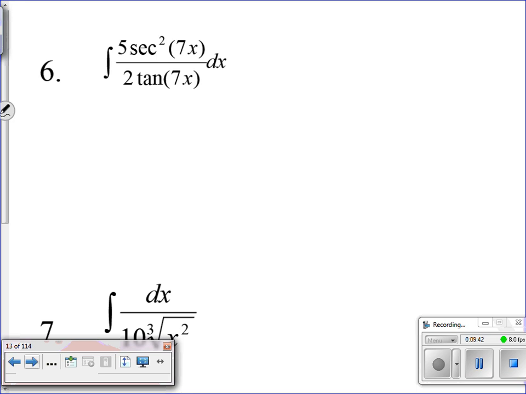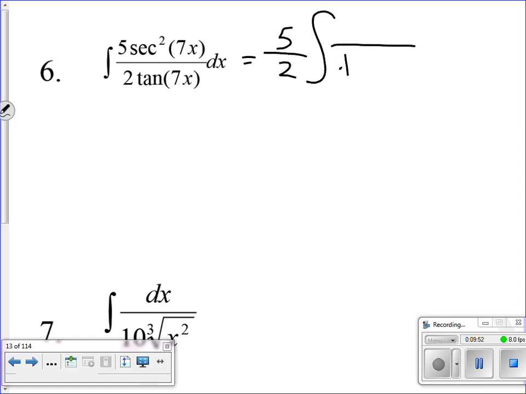Okay, number 6. First, we're going to pull out the constant multiplier. We have a 5 in the numerator and a 2 in the denominator. So let's first pull out the constant multiplier. Hopefully, as you look at this, you say, oh, I know secant squared is the derivative of tan.